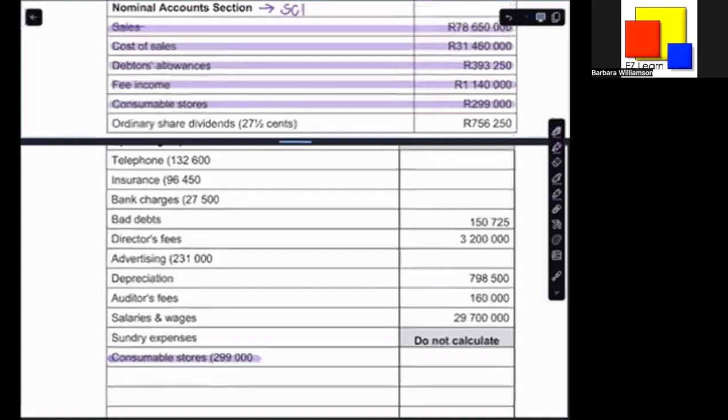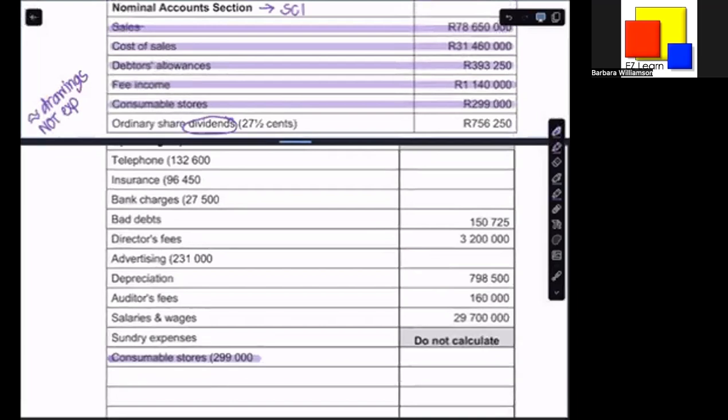Please note that ordinary share dividends are similar to the drawings of an owner in a sole trader. It is not an expense. You would show the ordinary share dividends as part of retained income, but we don't need to do that.